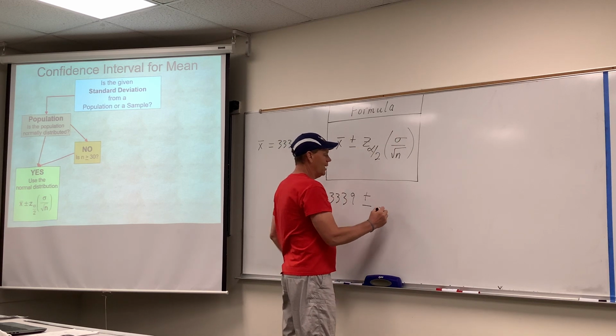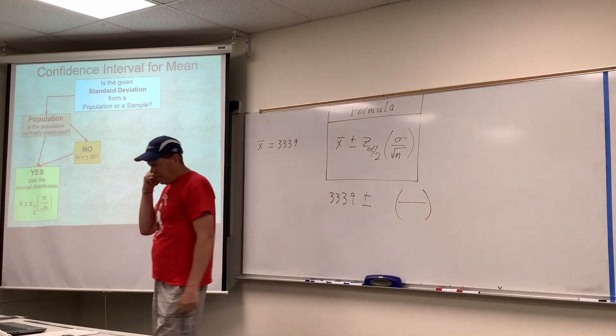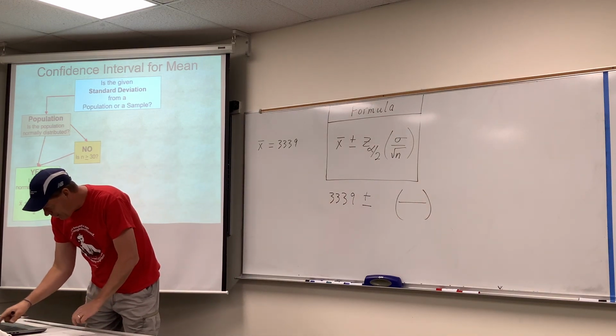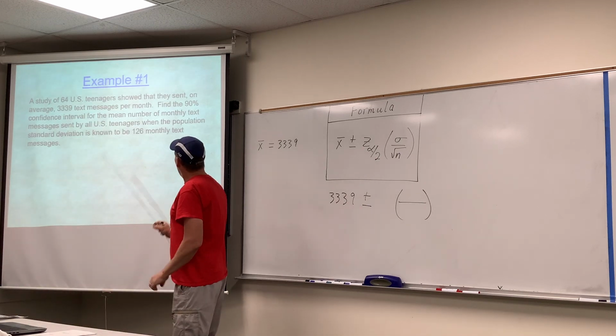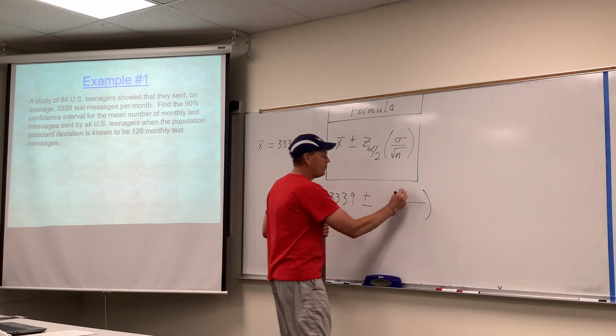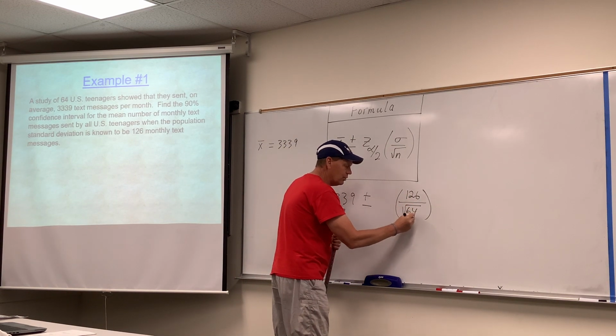I'm going to skip Z for a minute, okay? Sigma is your population standard deviation. That's the symbol for that. And if you go back and read the narrative, it says, population standard deviation is 126. That goes in there. N would be the fact that they sampled 64 teenagers.